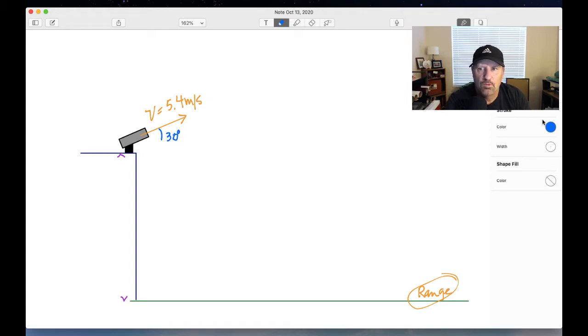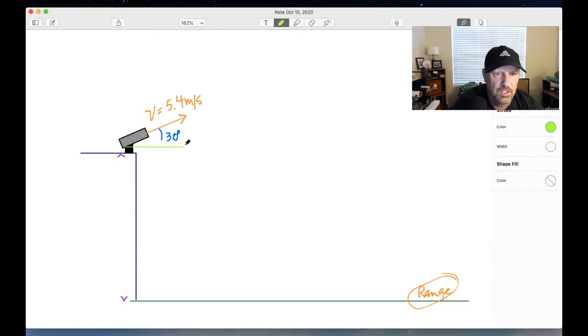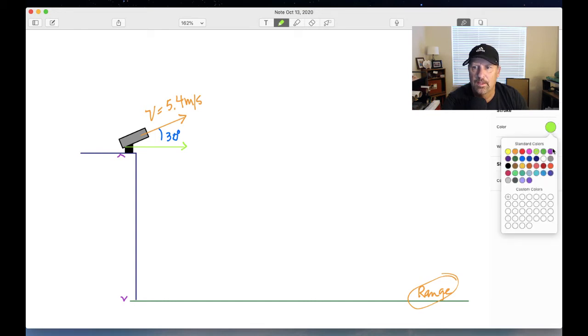So we want to figure out the horizontal and vertical components of this. The horizontal component is coming out of this thing like so. I'll just draw it down here even though it's not. So the horizontal is there, and then the vertical component is like this.